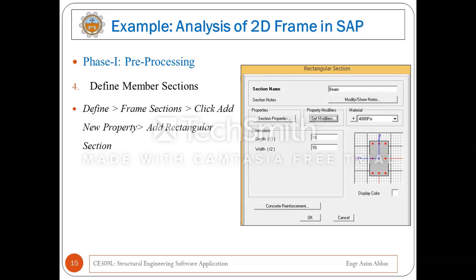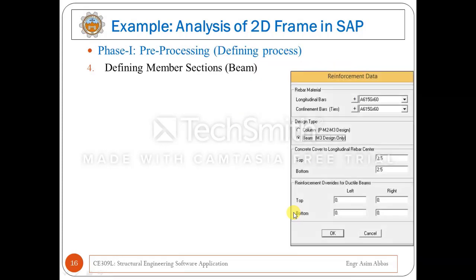Here I will just discuss the concrete reinforcement data form. When you click on concrete reinforcement, the reinforcement data form will open. This data form has different information like rebar materials and design type, concrete cover to longitudinal rebar center, and reinforcement override for ductile beams.